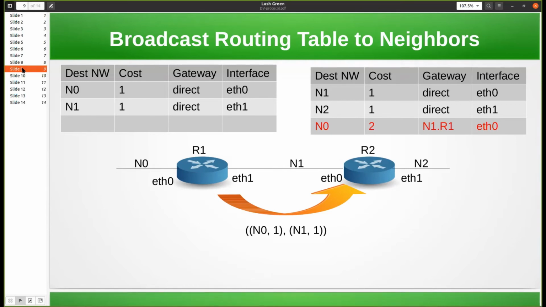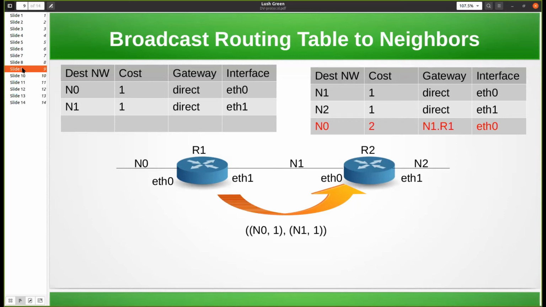Therefore, it doesn't make sense to use it. You're trying to find the shortest path, right? So N1 is not updated because of that. This is the application of the second rule of distance vector algorithm, right?